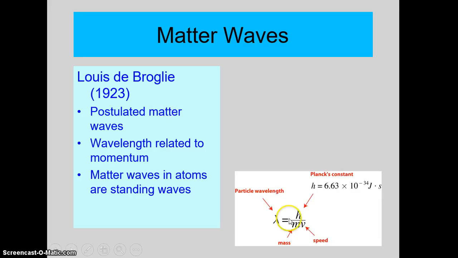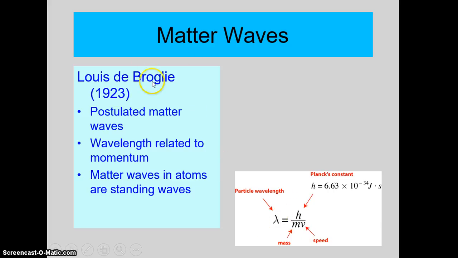And he came up with this formula, the de Broglie wavelength, that's what lambda is, the wavelength of actual particles, actual matter, like electrons or neutrons or protons. It is equal to Planck's constant divided by the momentum. And the momentum is the mass in kilograms times the velocity in meters per second. Lambda will be in meters.